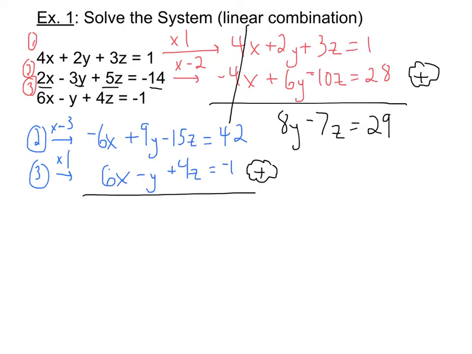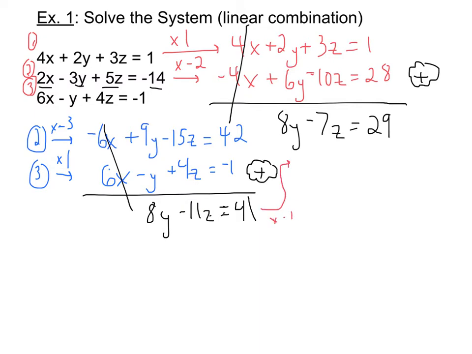Okay, so now we're ready to add these two equations together carefully. And again, the x coefficients will add to 0. We'll be left with 8y minus 11z equals 41. And hopefully you can see we're in good position now to use this equation in this system up here, and I'm just going to multiply it by negative 1.